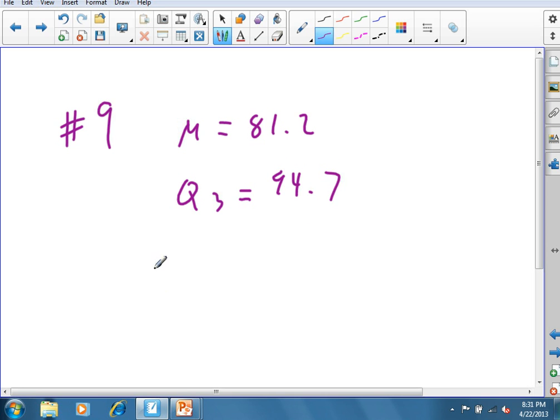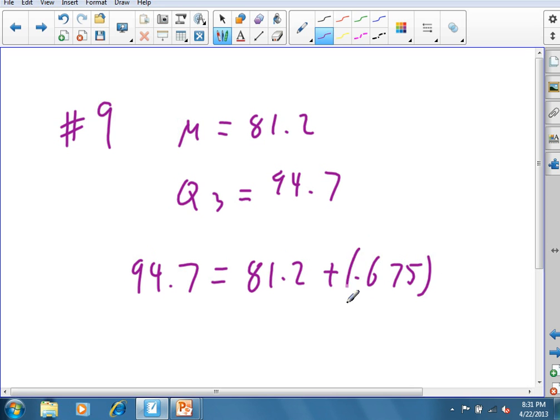Didn't we just do this? 94.7 equals mu 81.2 plus 0.675 times the standard deviation. I knew I'd remember that number. That goes over here, and I got 13.5 divided by 0.675 is equal to my standard deviation.